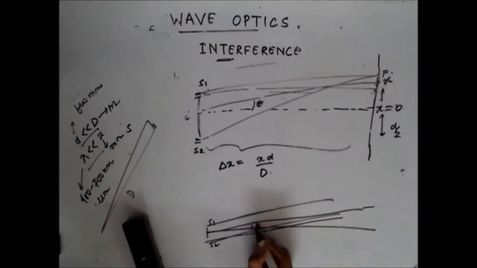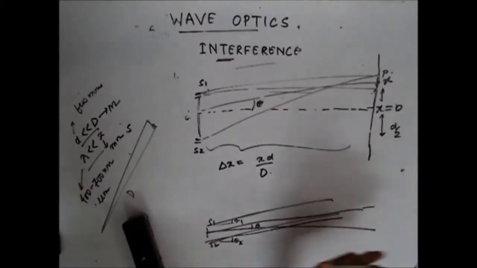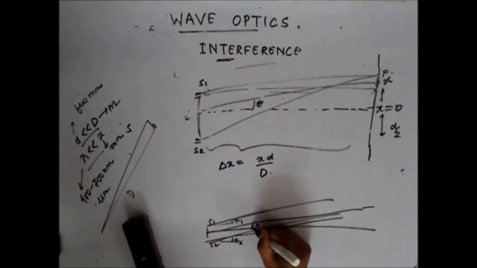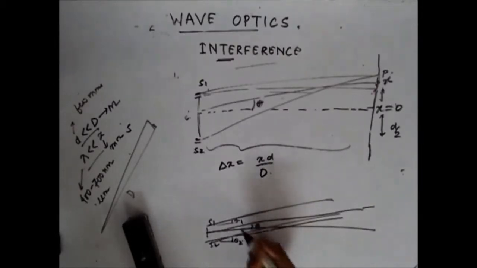Obviously theta 1 and theta 2 are not exactly equal to theta, and theta 1 is not equal to theta 2, but since this distance is very large, the difference between theta 1 and theta is very small. So I can approximate this as theta, this also as theta.